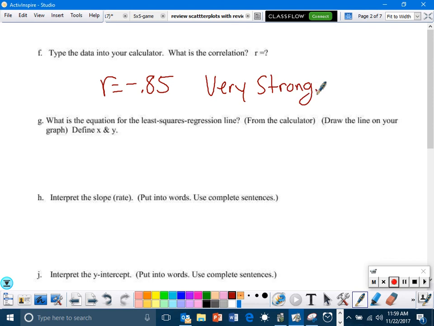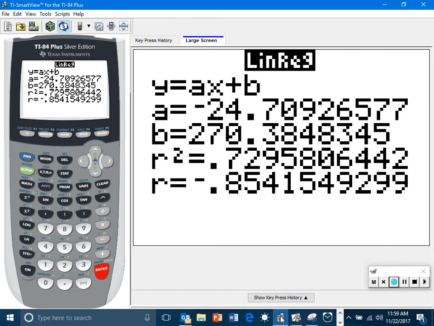What is the equation for the least squares regression line? That's also on the screen that we just looked at, so let's go back. We see that A is negative 24.7. You could round it to negative 25 if you wanted. And I'm just going to round B to 270.